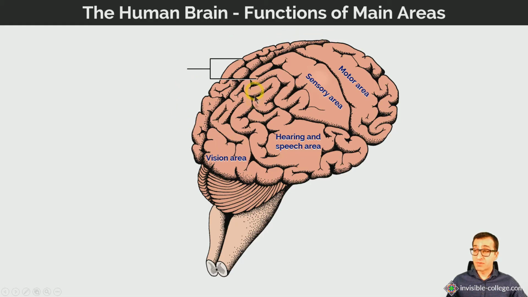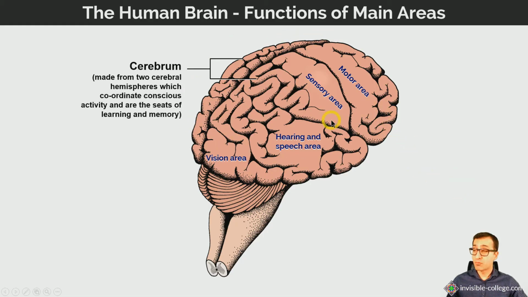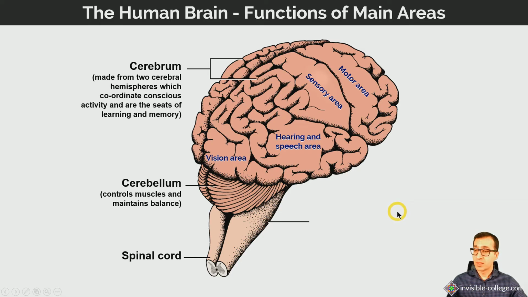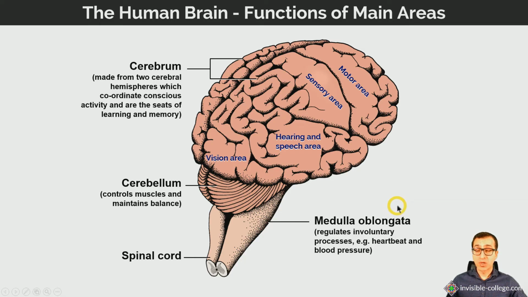Here, these two halves of the brain are referred to as the left and right cerebral hemispheres, which make up the cerebrum. At the back, we have the cerebellum, and at the bottom, the spinal cord. Now here again is the medulla oblongata. This is involved in regulating involuntary activities such as heartbeat and blood pressure, for example.